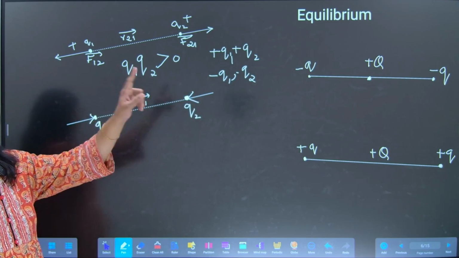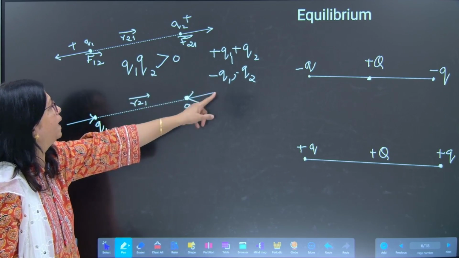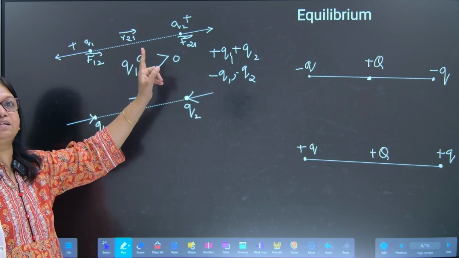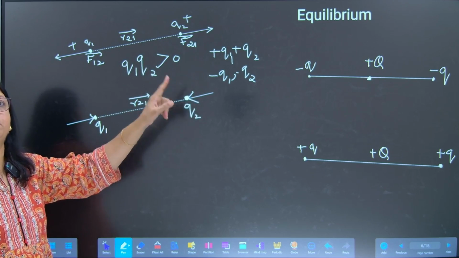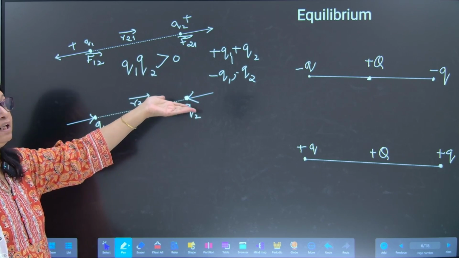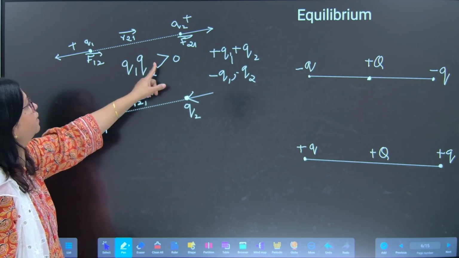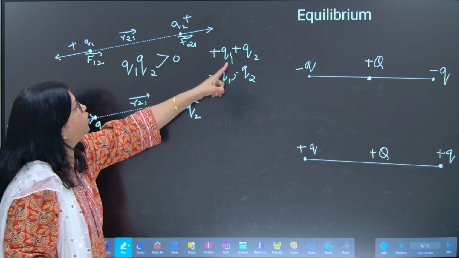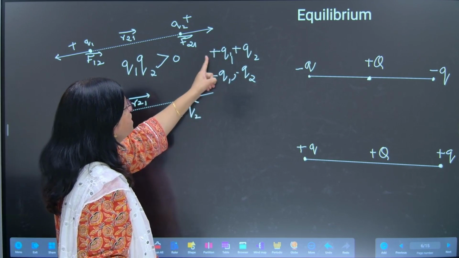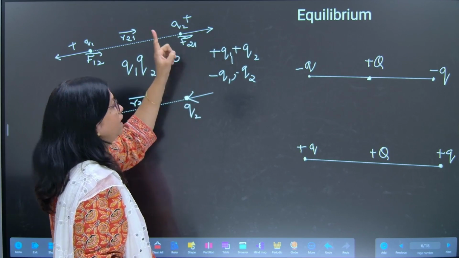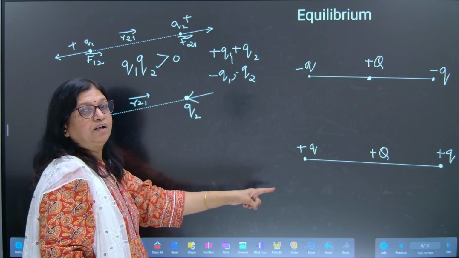Only then the multiplication of Q1 and Q2 can be greater than 0, meaning the answer is positive. What is the other meaning? If Q1 Q2 is greater than 0, these forces are repulsive because these two charges have the same polarity of charges.